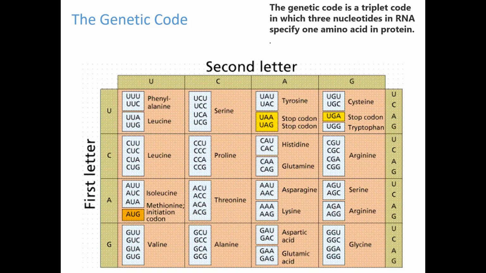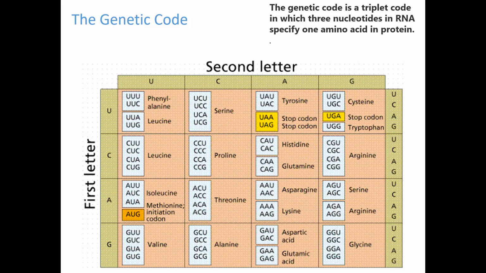So the sequence of the bases on the DNA strand is copied onto the messenger RNA. It's a complementary copy. So whatever base is on the DNA strand at the gene is copied onto the RNA strand as its complement.